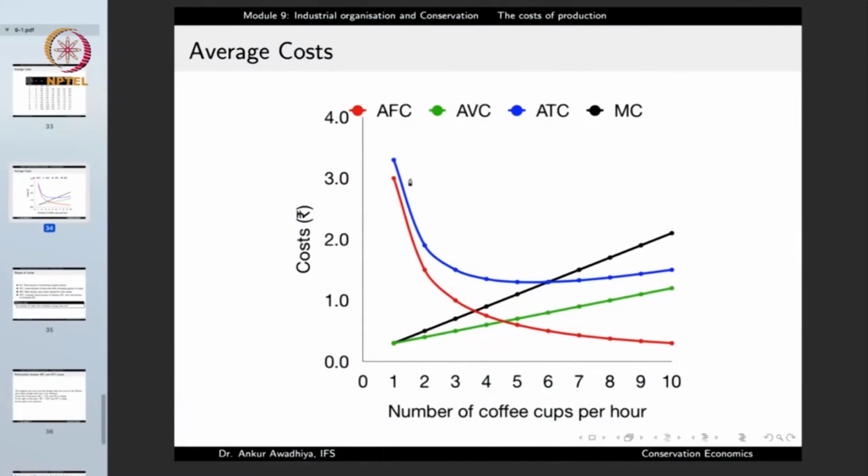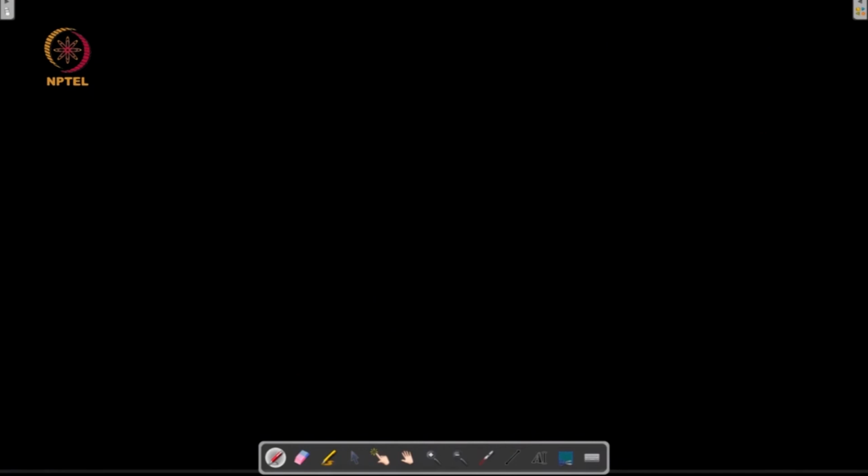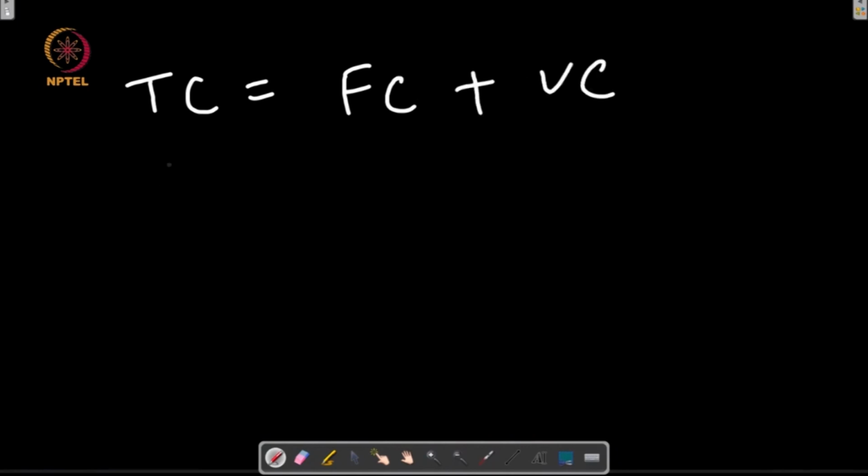The average total cost decreases in the beginning and later on it increases. The decrease in the beginning is because of the decrease in the average fixed cost. Now, what we are observing here is that the total cost is equal to the fixed cost plus the variable cost.